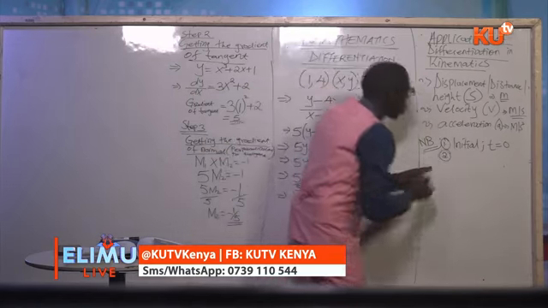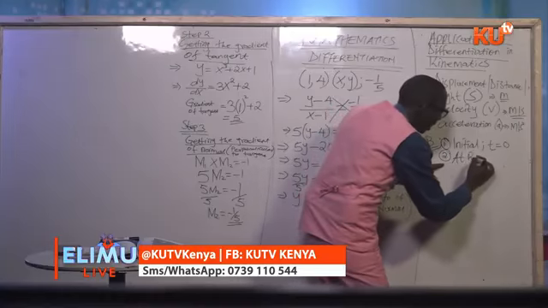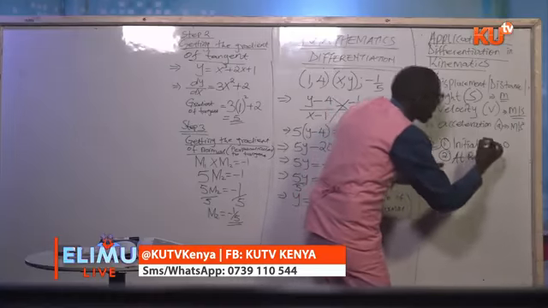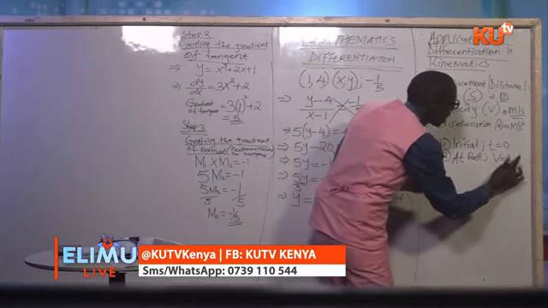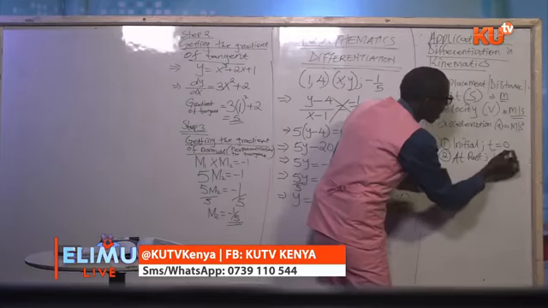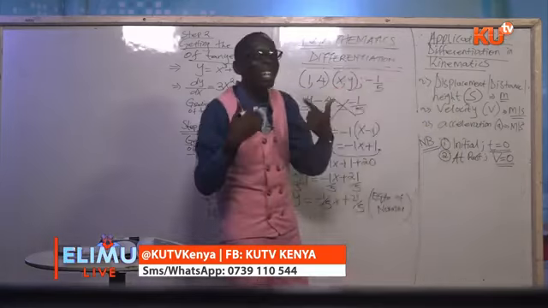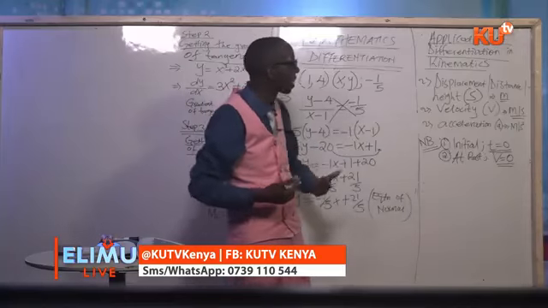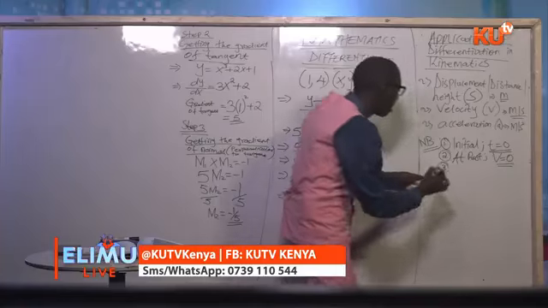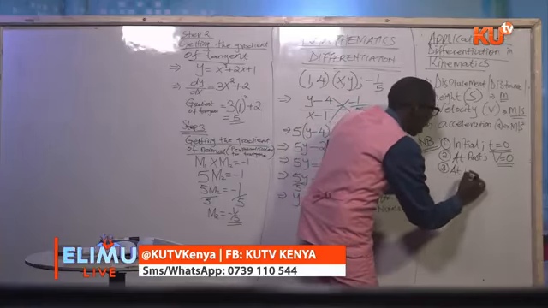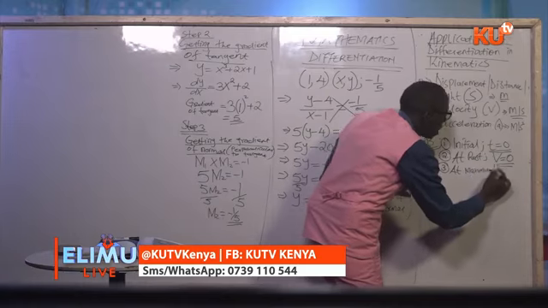Another thing we need to note is that at rest, momentarily at rest, or instantaneously at rest, velocity is equal to 0. Another thing is at maximum height, or at maximum or minimum.